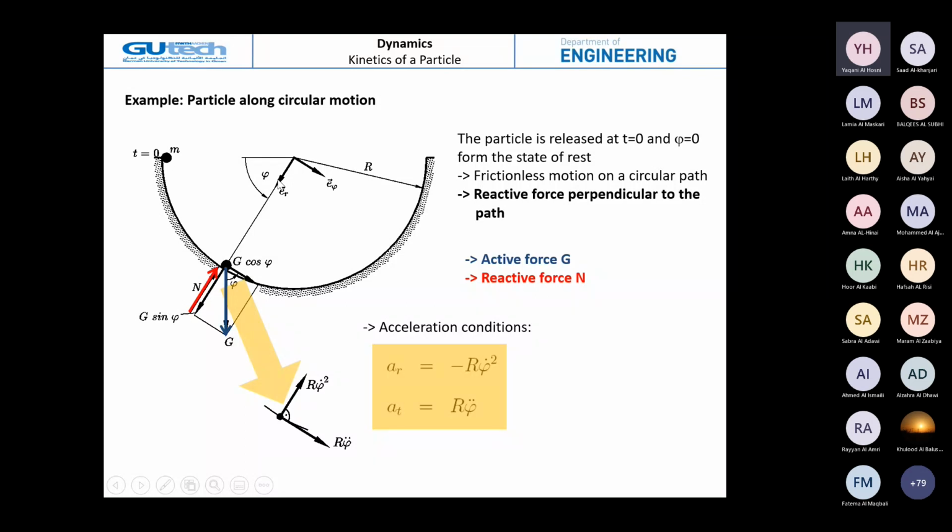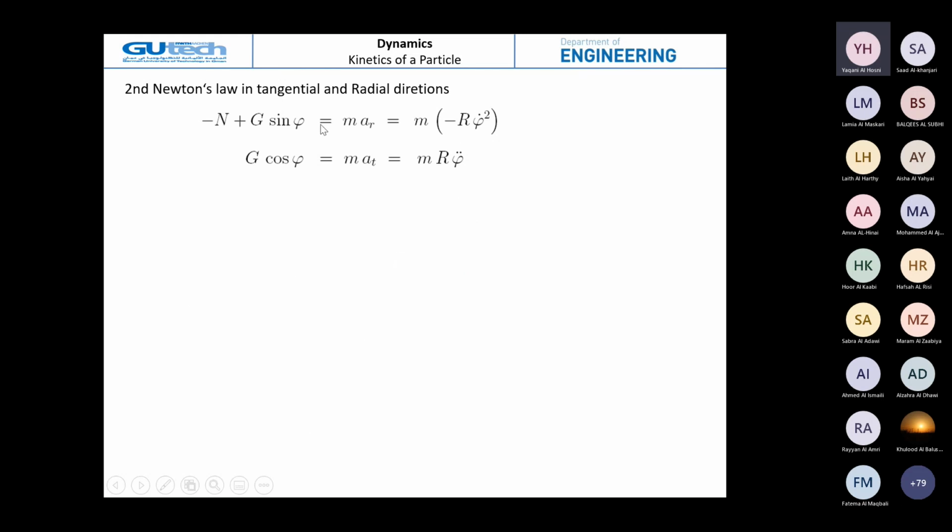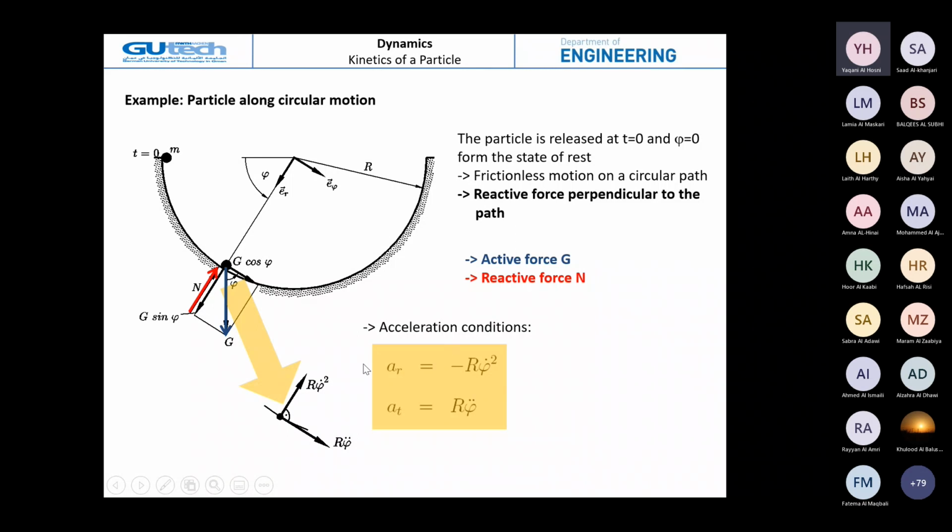Then N is opposite to the positive direction of the radial axis, and we have the second component of the active force, here G sine phi. In statics, the equilibrium would be only minus N plus G sine phi equal to 0. If there is motion, in this case, we have to add the mass multiplied by the acceleration. The acceleration is given here in radial direction.